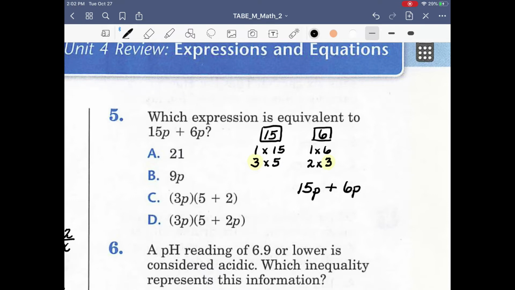I'm going to pull out the 3 and the letter P because both of them have that letter P. You want to take out what they both have. 3 times 5 would make the 15, and 3 times 2 would make the 6. So the answer you want is C. This is called factoring.